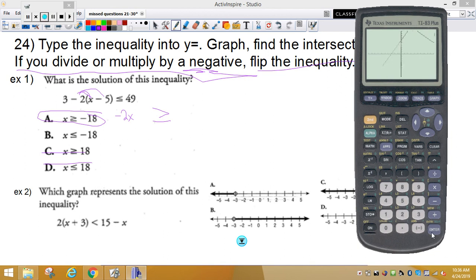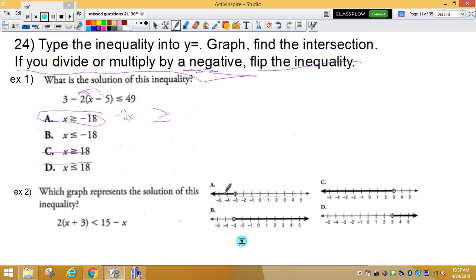Zoom, 3, enter. Alright, so here we go. Second trace, intersection, enter, enter, enter. So it's going to be at 3. My dot should be at +3. So I know it's not A, because A is at -3. I know it's not B, because B is at -3. So it's one of these 2.